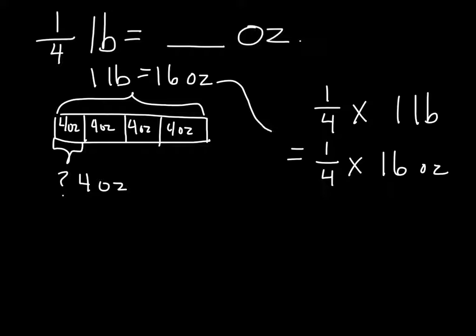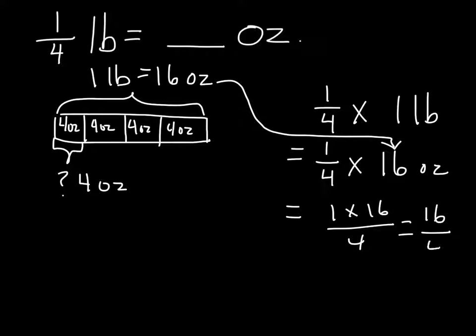So right here, I did that step that we did at the top of our tape diagram. And now I'm going to take 1/4 times 16 ounces, which is the same as 1 times 16 ounces over fourths. And of course that will equal 16/4. And 16/4 in simplest form will be 4 ounces.